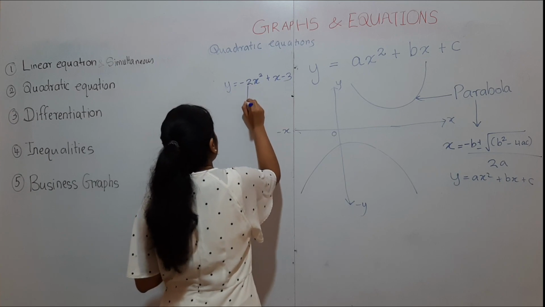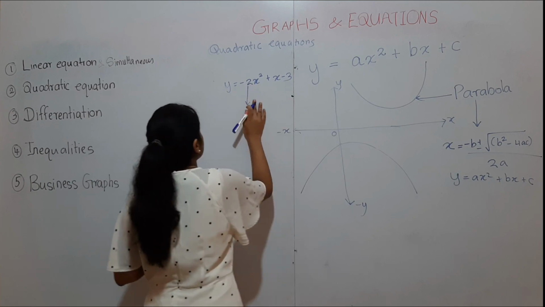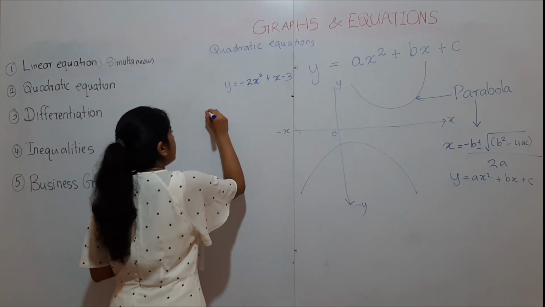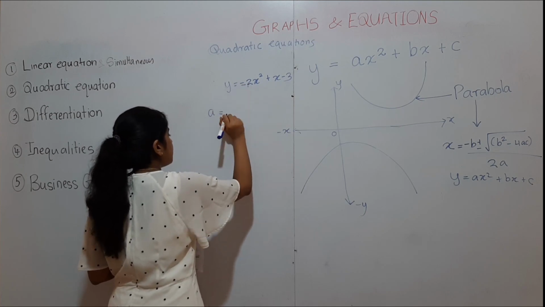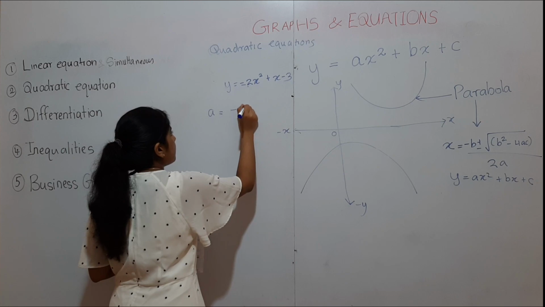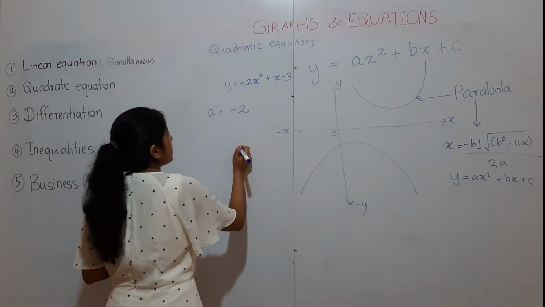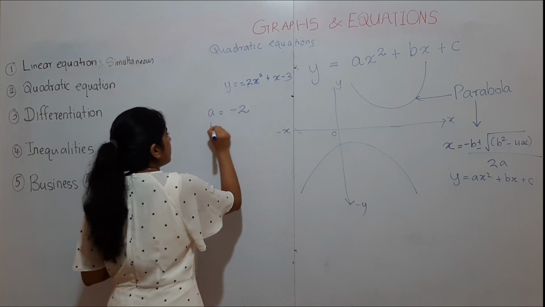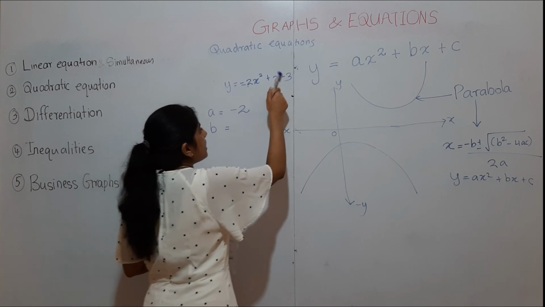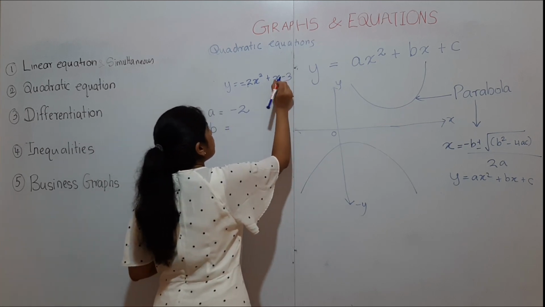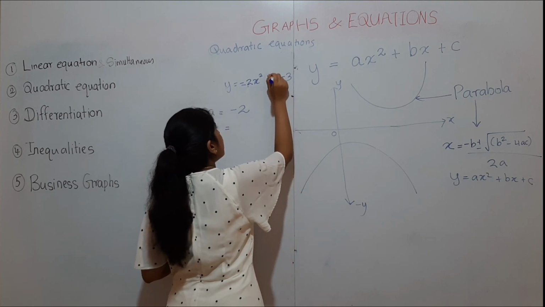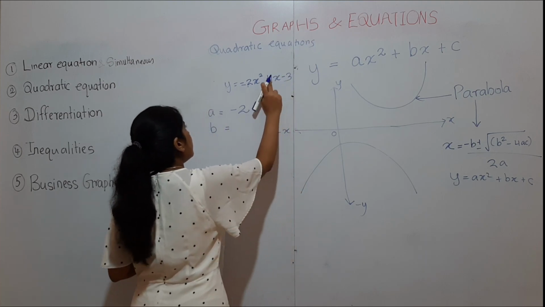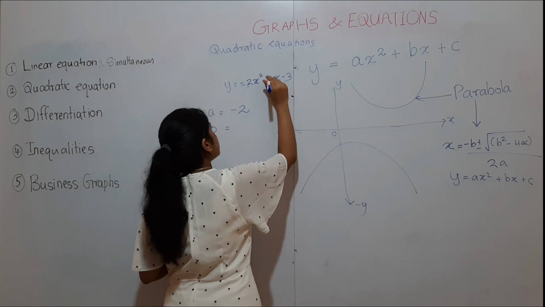Now what is a, b and c we must place. In this, a is minus or plus 2? a is minus 2. What is b? They have mentioned only x here. If they mentioned only x here, that means there is a 1 next to x.